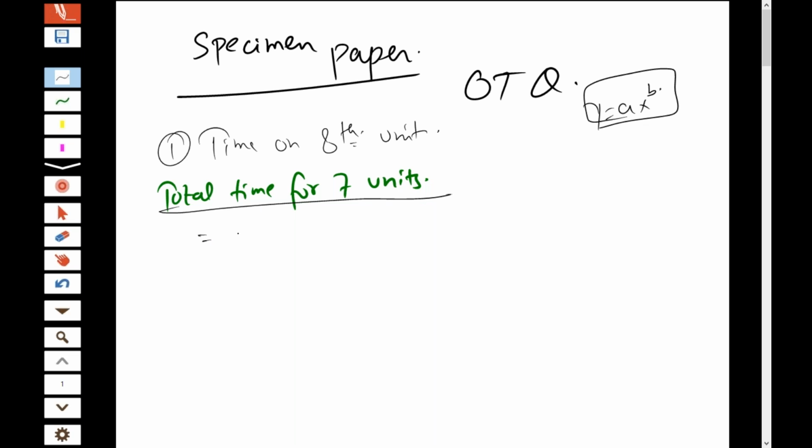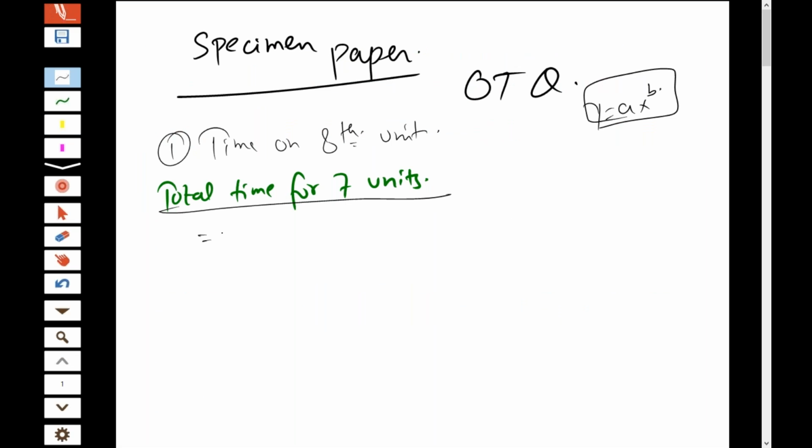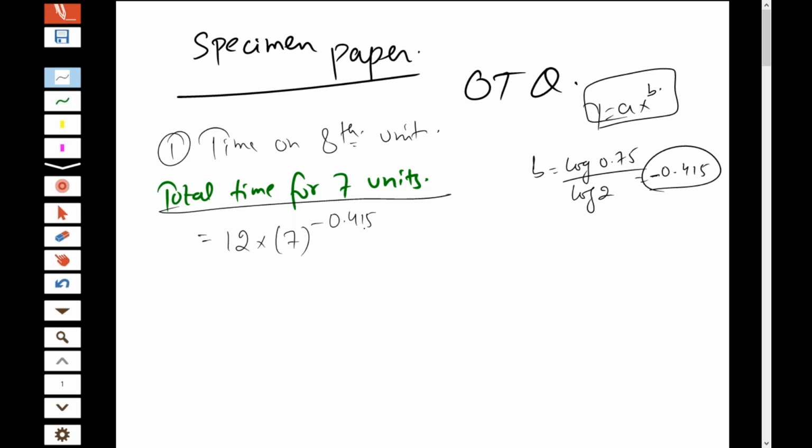That is, what was the time on the first unit? 12 hours. 12 multiplied by 7 power minus 0.415. B is log 0.75 upon log 2, that is minus 0.415. So multiply by 7.